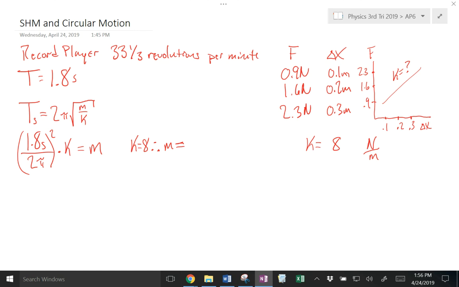Hopefully it's something that's doable here in terms of classroom mass sizes. Kilograms. 0.666. I guess so, yeah. Carwell agrees. All right.